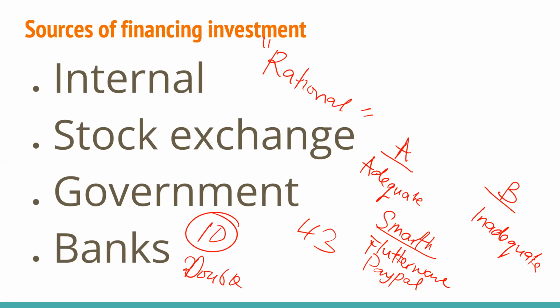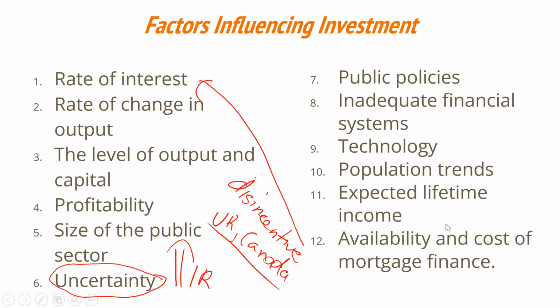So if I'm an investor, and if you are rational, you invest in A, you'll not invest in B. I want to know your view on that, but that is actually my strong opinion on the same. You will want somewhere where there is adequacy in financial systems, because you want to transfer financial resources from point A to point B fast and with the least costs possible.